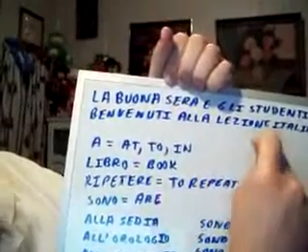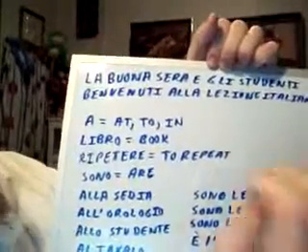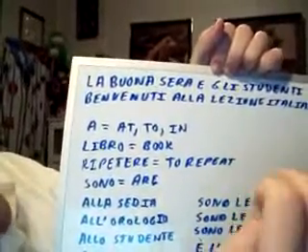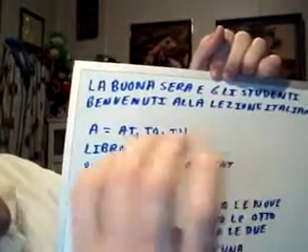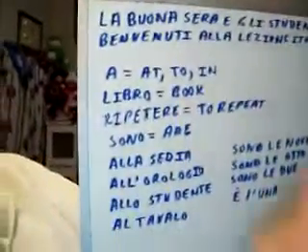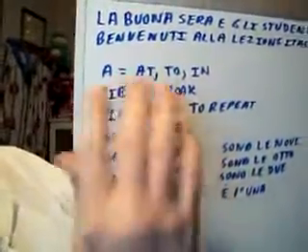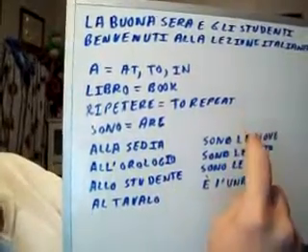It's a singular right here. Lezione. Okay? So, la buonasera e gli studenti benvenuti alla lezione italiana. Okay? So, a is the Italian preposition for at, to, or in.